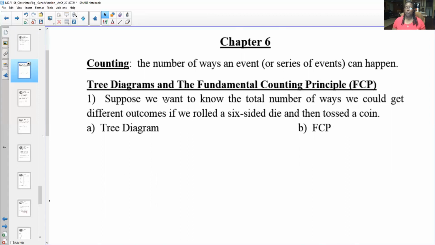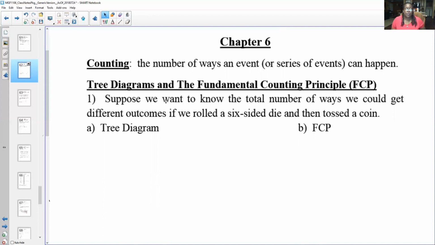As we move through, you'll see that we're going to be looking at rolling a die, or tossing a coin, or pulling a card from a deck. We're going to be looking at how things can be picked, or how we can do the probability of things as we move forward. So we're looking at how the number of ways or possible outcomes can come out of a situation as they set it up for us.